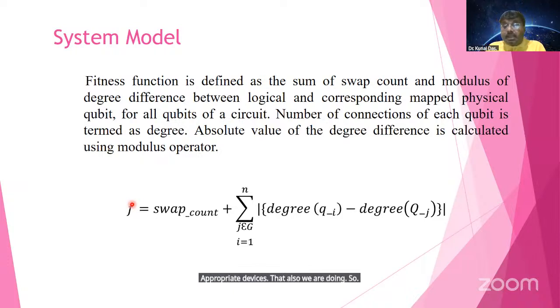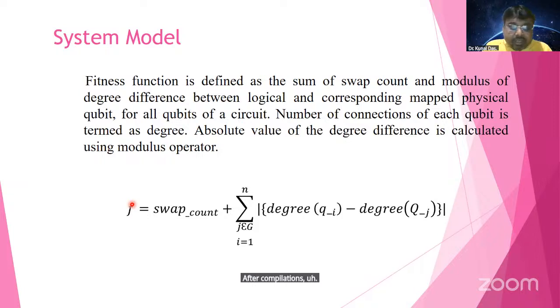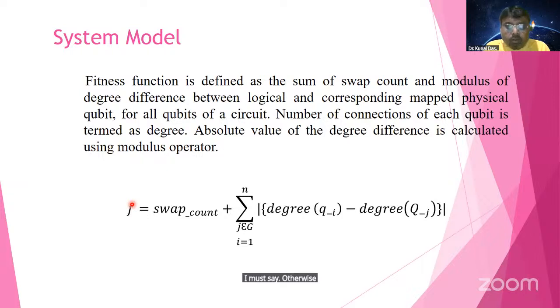So more or less, the transpiler has a big role after compilation. The transpiler has a big role in quantum as a metaware, I must say. Otherwise, we cannot go for this.